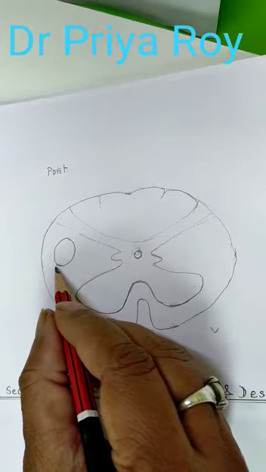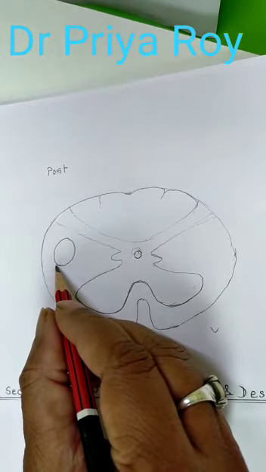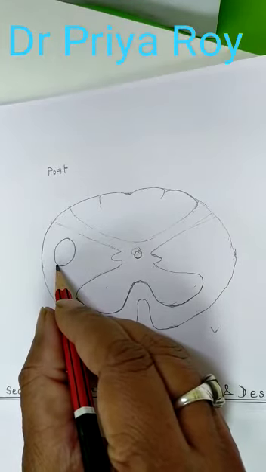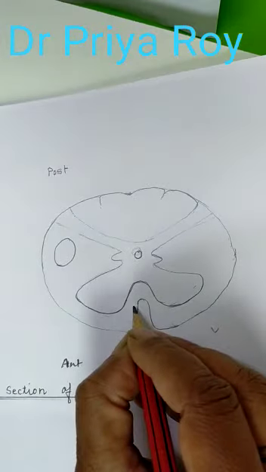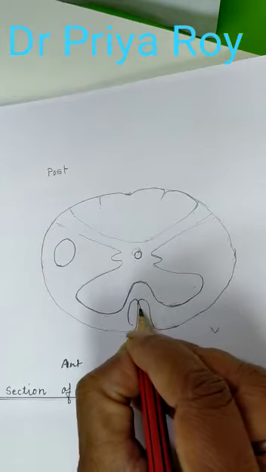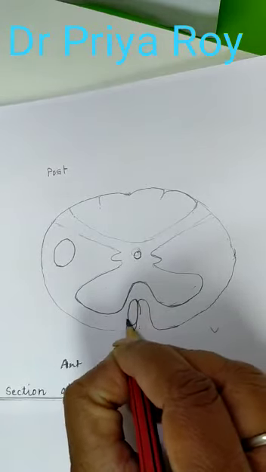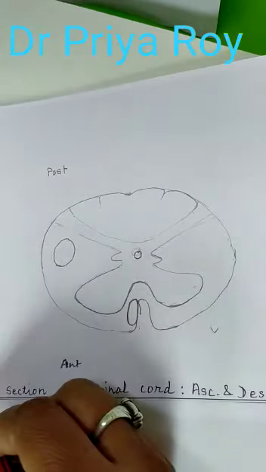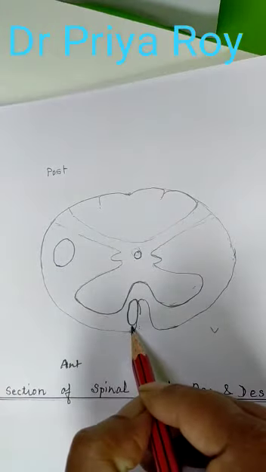So the name is corticospinal, and it comes under the pyramidal tracts. Another pyramidal tract is put in the anterior column. So these two are the pyramidal tracts.